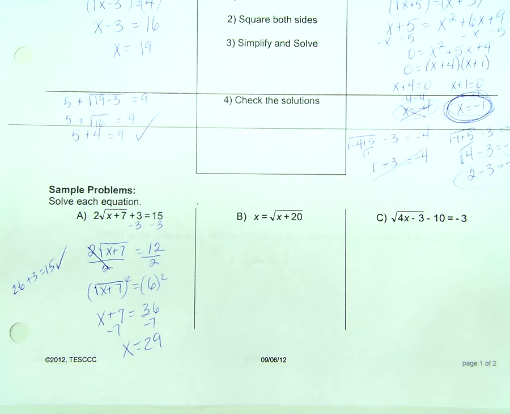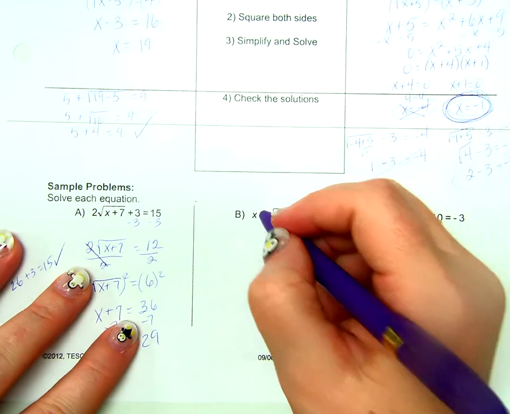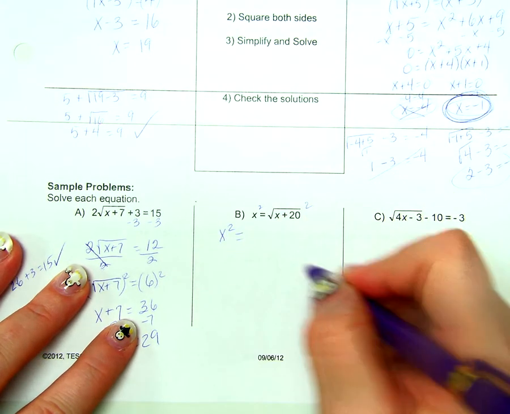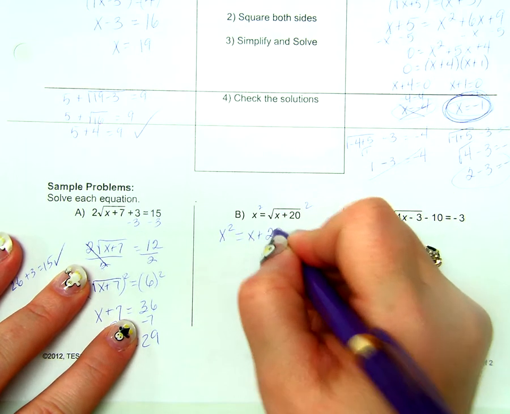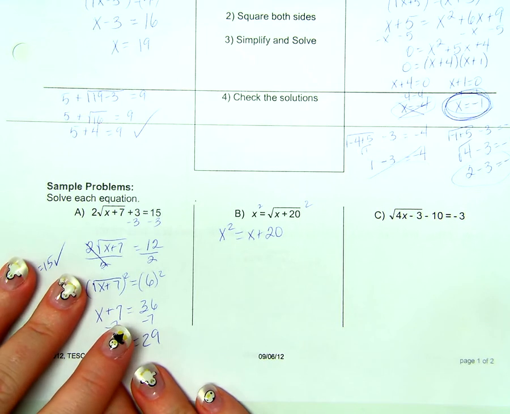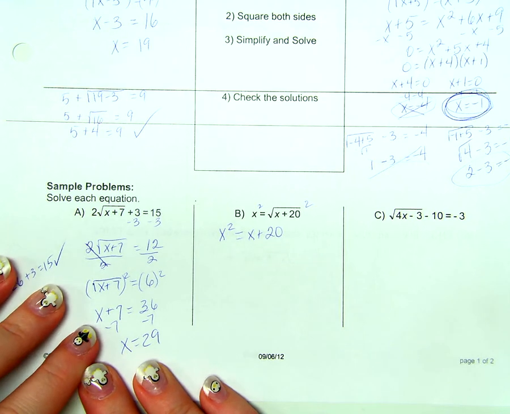What about B? Okay, the radical's already isolated, so square both sides. X squared equals x plus 20. Subtract 20, why? I have to turn it into a quadratic function, or it already is one? Oh, okay, it already is one, so I want it to get equal to 0.